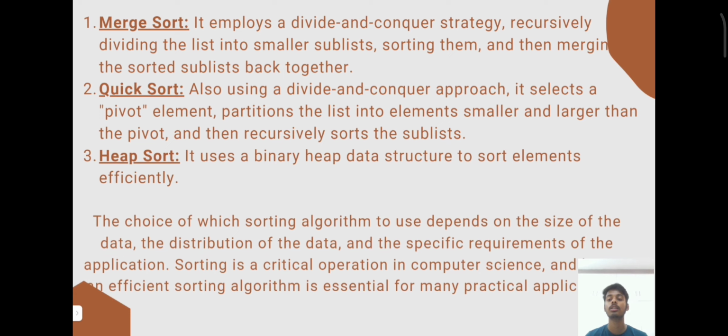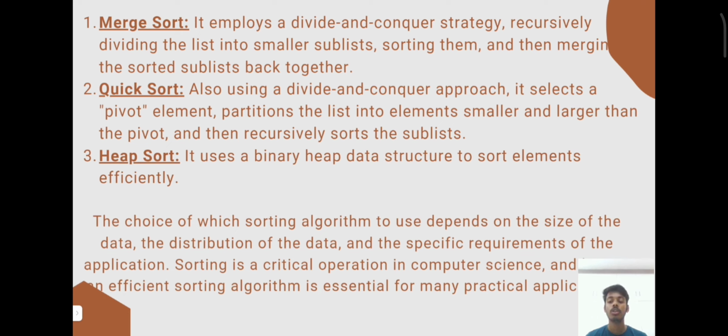And the fifth one is quicksort. It also uses the divide and conquer approach. It selects a pivot element, partitions the list into elements smaller and larger than the pivot, and then recursively sorts the sublists. And the sixth one is heap sort. It uses a binary heap data structure to sort elements effectively.